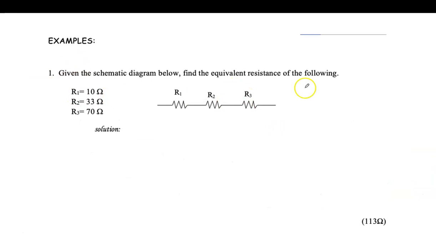Okay, so adding these together, what you're going to do is, given this schematic below, figure this out. So we've got resistor 1, 2, and 3. They're all one right after each other, which makes this what kind? That's right, series. In series, we're going to basically be able to say R in series is just them added together.